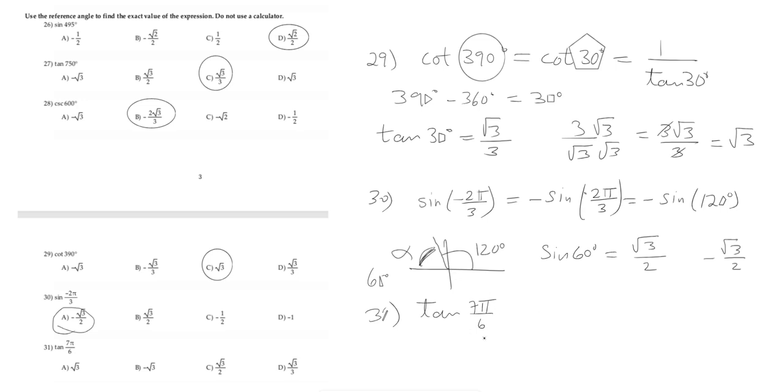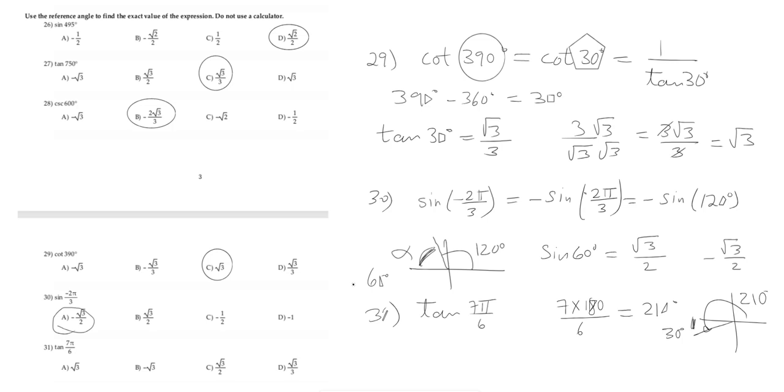Suppose I want to understand this angle much better, so you put 7 times 180 divided by 6. 180 divided by 6, it's obvious, is 210. No calculator needed. 210 degrees lies in the third quadrant, here. The reference angle is this, which is 30 degrees.